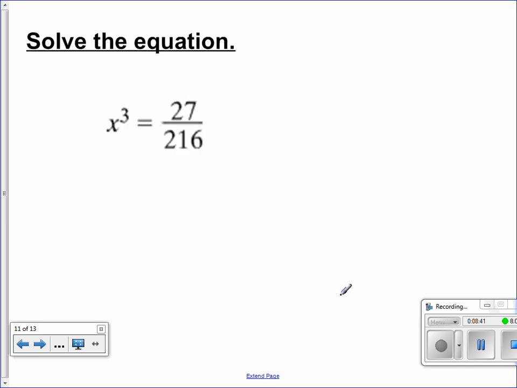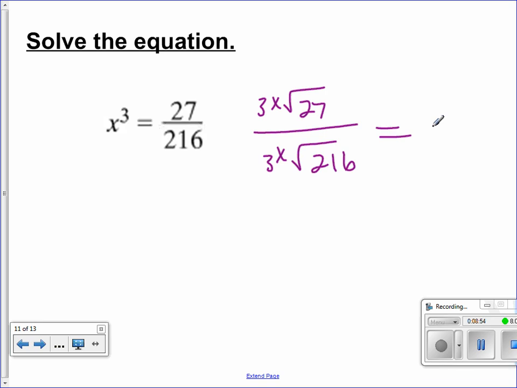So let's look at another one. Again, we want to find the cube root of the numerator and then the cube root of the denominator. So use your calculator and find what the cube root of 27 is and the cube root of 216. And if you can simplify, make sure you simplify your fraction.